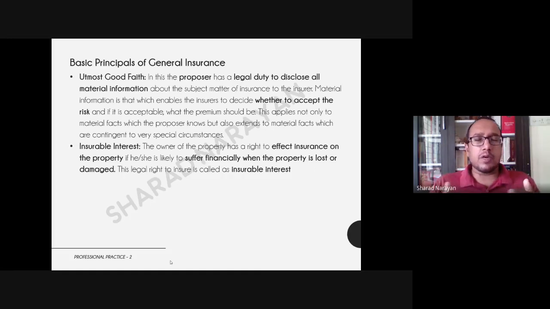So generally what happens is that the horse is put to sleep, and if the horse is put to sleep, the horse owner suffers financially because it is his property which is lost. Again, it's a very aberrant example, horse racing. I don't generally like it, but as an example for you to understand it, this is how it works.